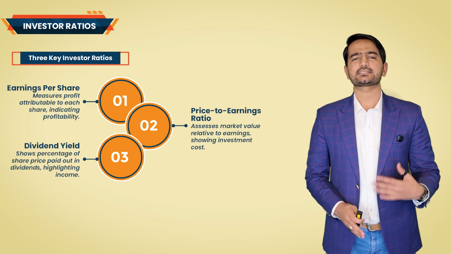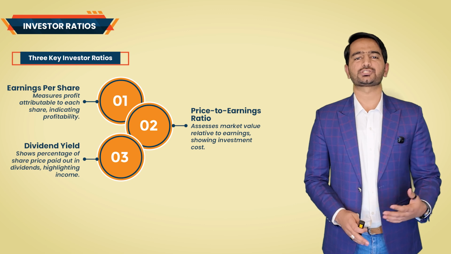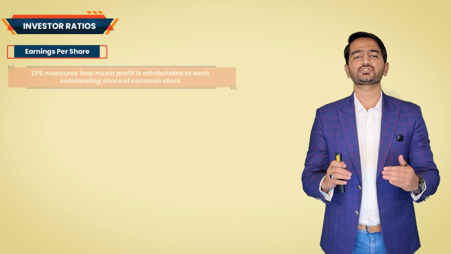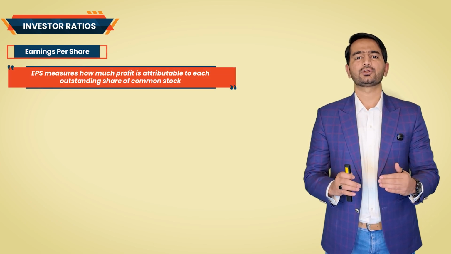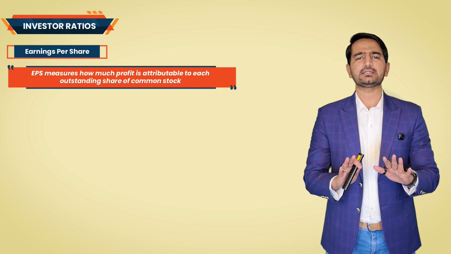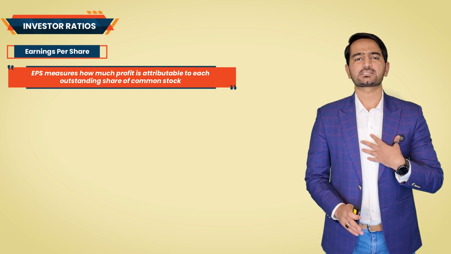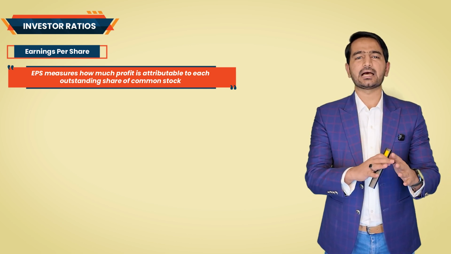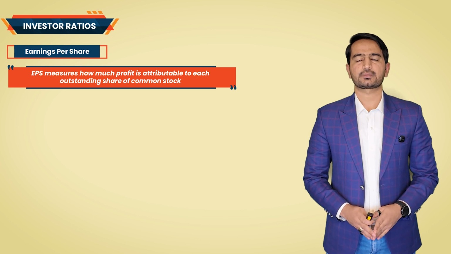All right, let's start with our first investor ratio, that is earnings per share. EPS is one of the most fundamental investor ratios as it measures how much profit is attributable to each outstanding share of common stock. Think of it this way. When investors put their money into a company, they are essentially buying a fraction of its ownership.